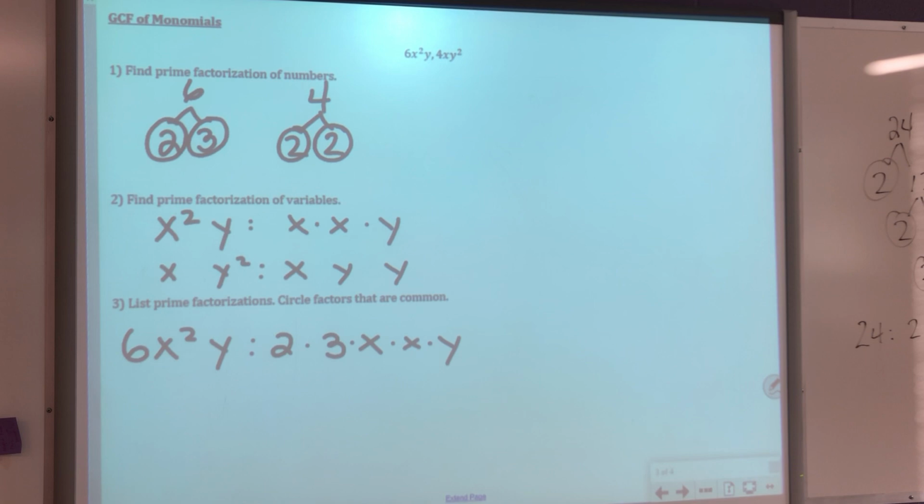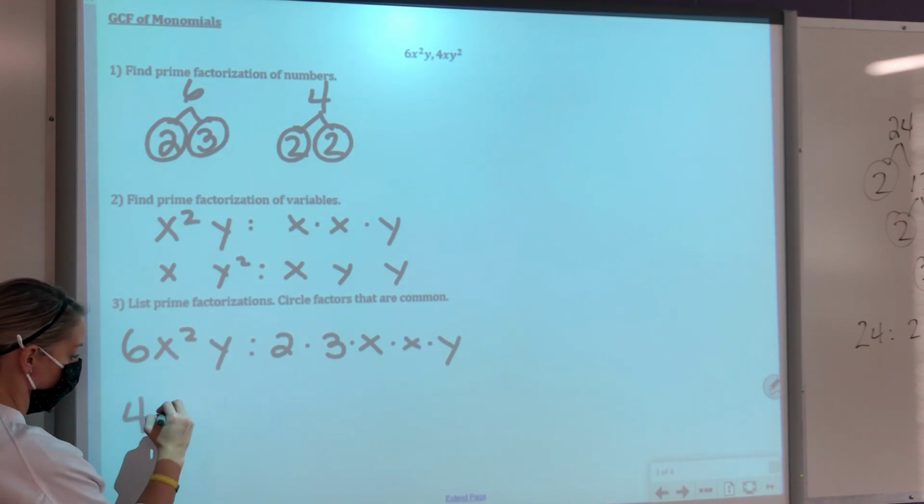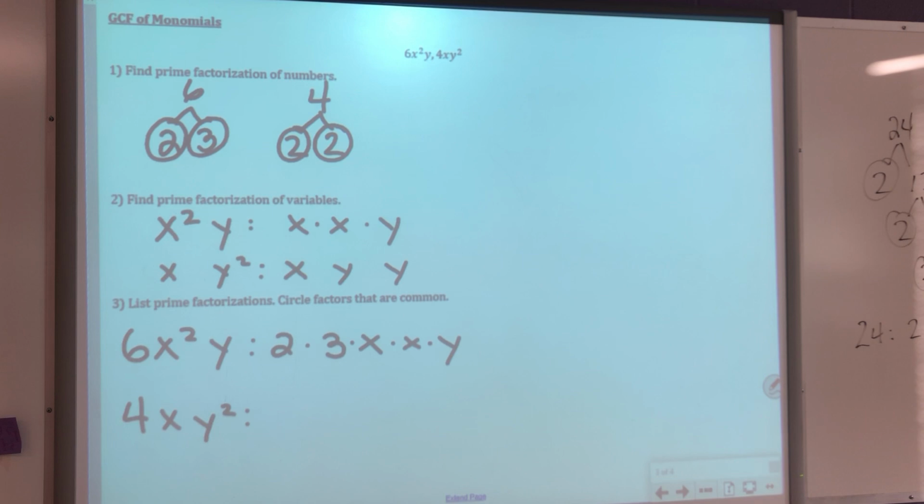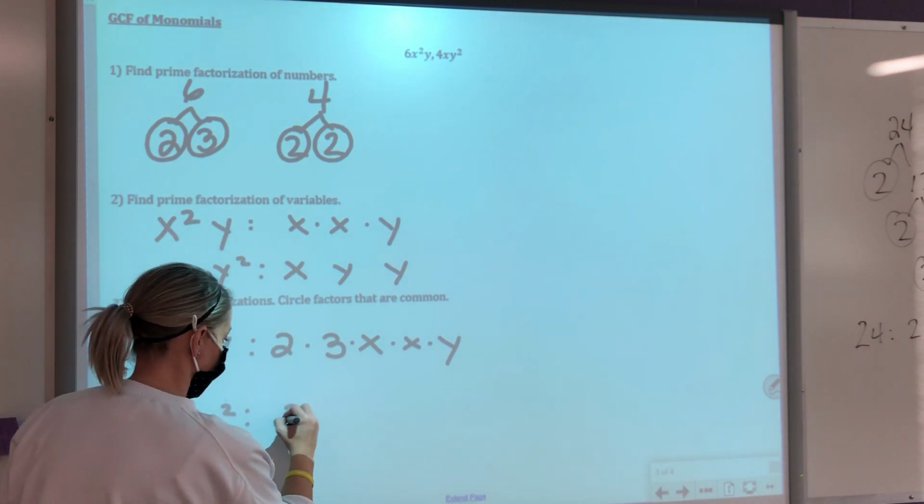Okay, so now, what's the prime factorization of 4? 2 times 2.